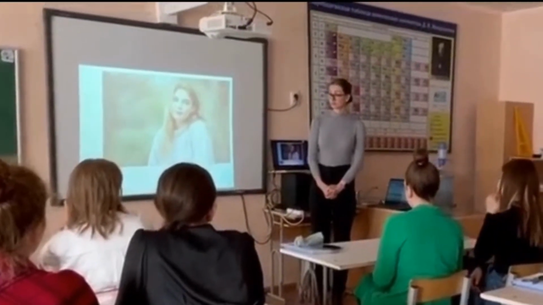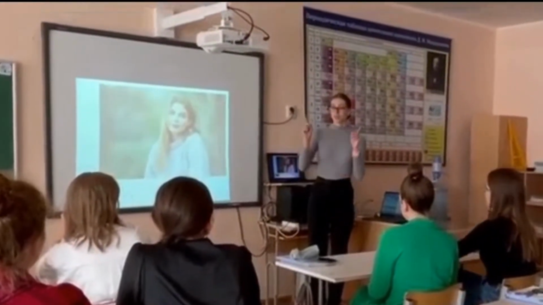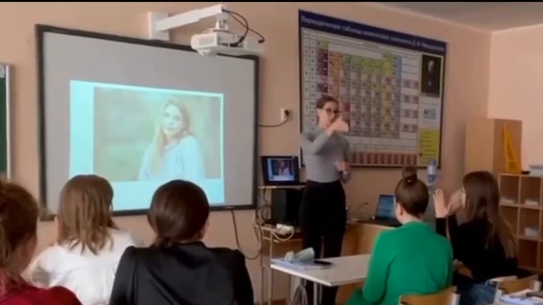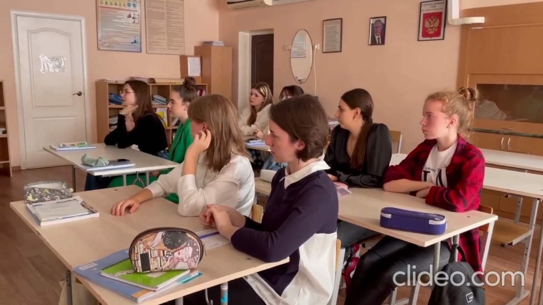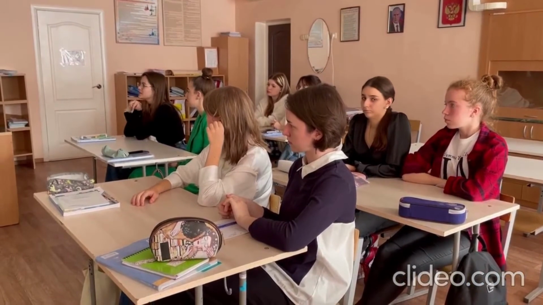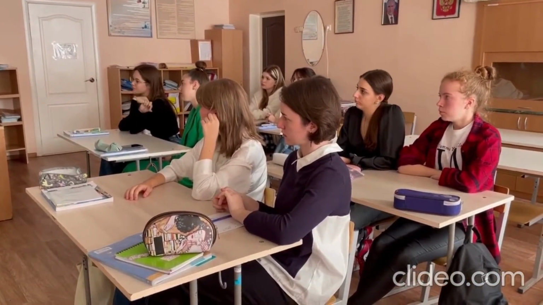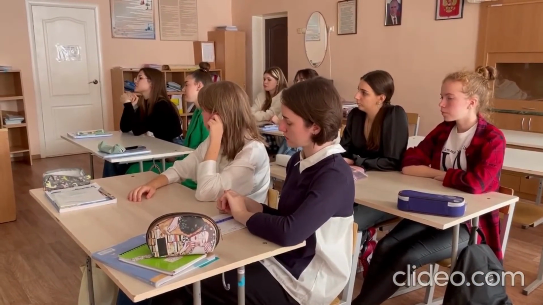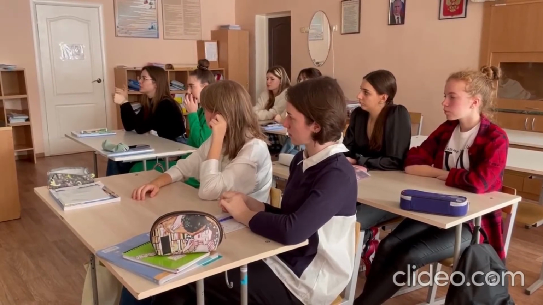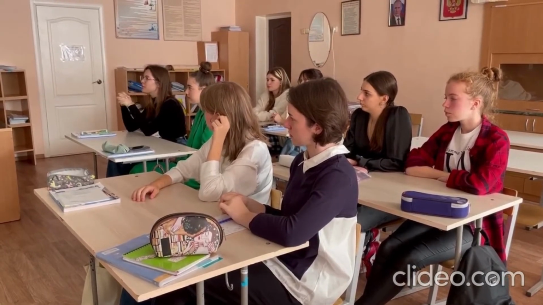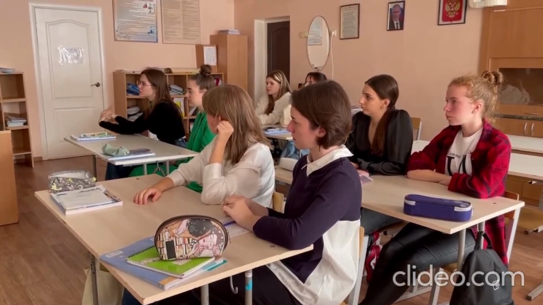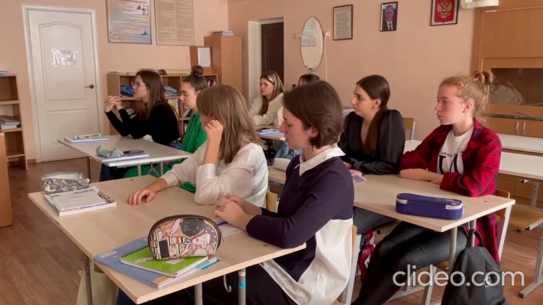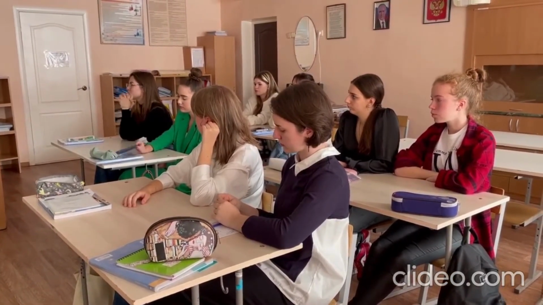What should I do? Okay, so previous time we started with you. Now, girls, your turn. What is the name and the age of the respondent? 17. Okay, she's 17. What is the problem? She wants to do her makeup when she goes to school, but her parents don't allow her to do it.